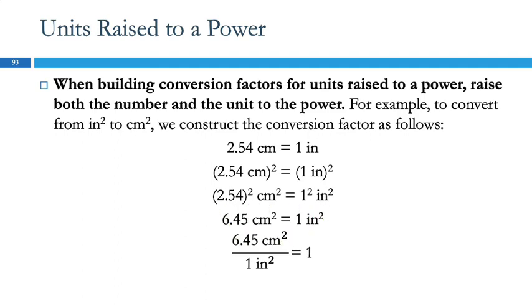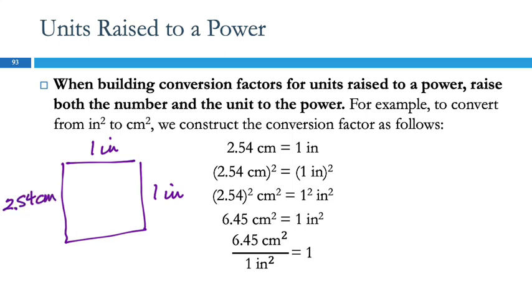The reason it's like that is if we think about this area here, it's 1 inch squared. Well, an inch is 2.54 centimeters. And the other dimension is also 2.54 centimeters.